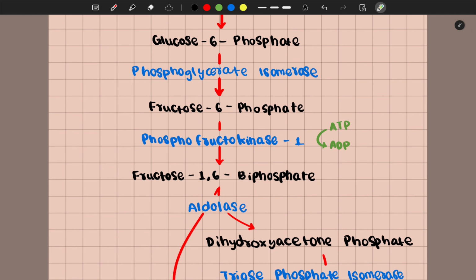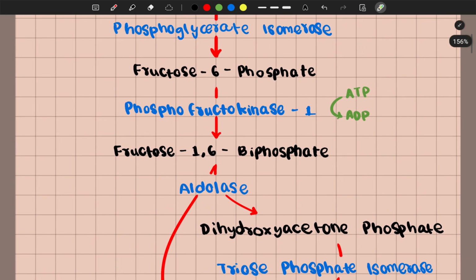Now, in our third step of the pathway, we go from fructose 6 phosphate to fructose 1,6 biphosphate. Again, we have another addition of a phosphate group, this time at the first carbon in the fructose molecule. And again, we take one more phosphate group from the adenosine triphosphate in the cytoplasm.